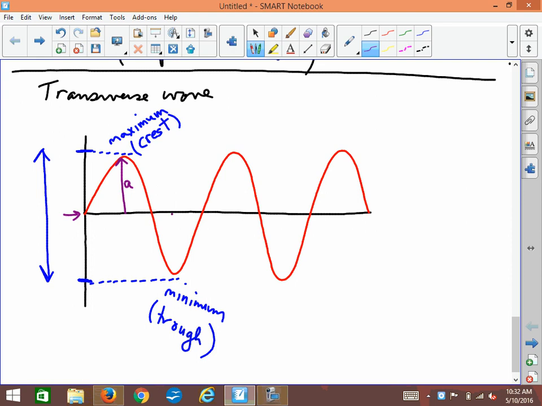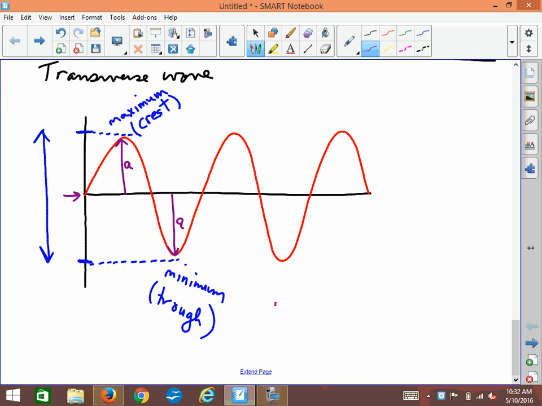And of course, the amplitude is the same on both sides, except one is one direction and one is the other. So this one would technically be a downward A or a negative A. But normally when we talk about amplitude, we just think of the absolute value of it. We think of the magnitude only, because we understand that waves have uppy parts and downy parts. But we recognize that those two things are the same.